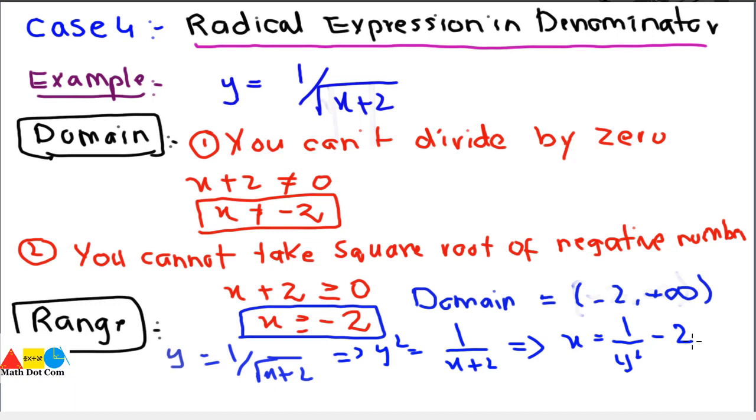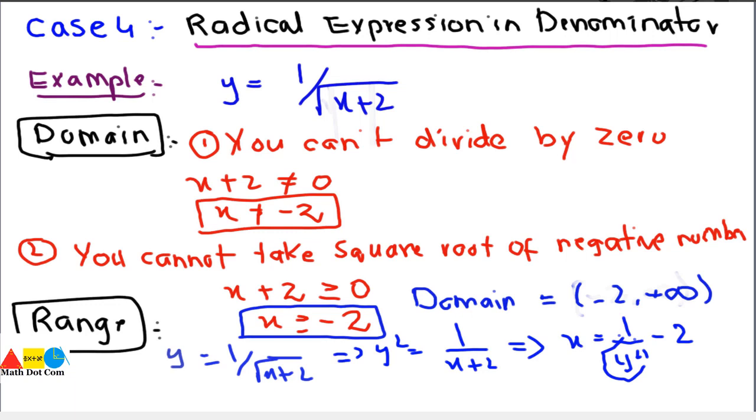Now from here we can find the range: the range will be the positive values of y because of the y squared here. So the positive values we have to include, so the range will be 0 to plus infinity.